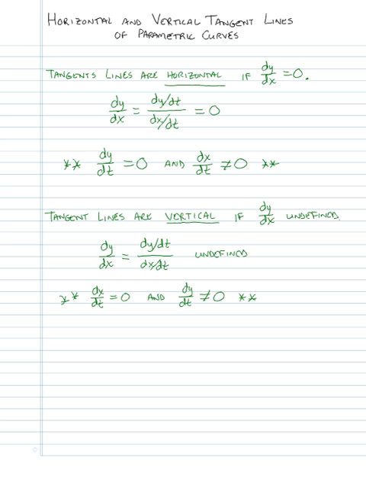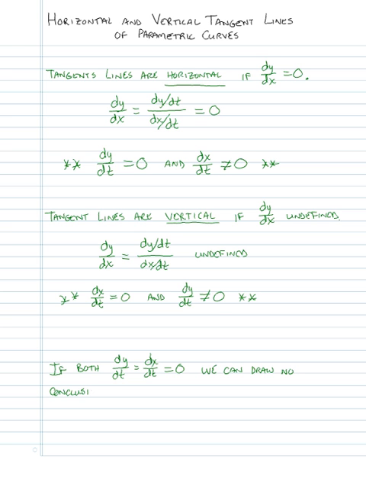I must add here, if both the derivative of y with respect to t and the derivative of x with respect to t are both equal to 0, we can draw no conclusions. Now here's what I mean.